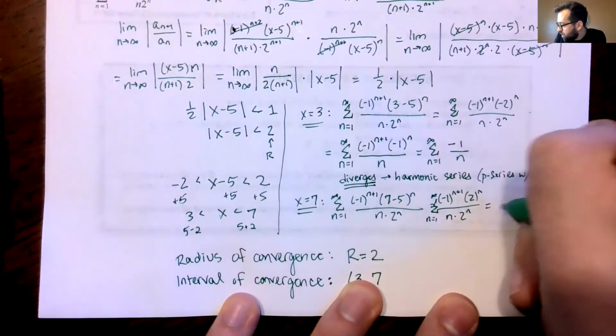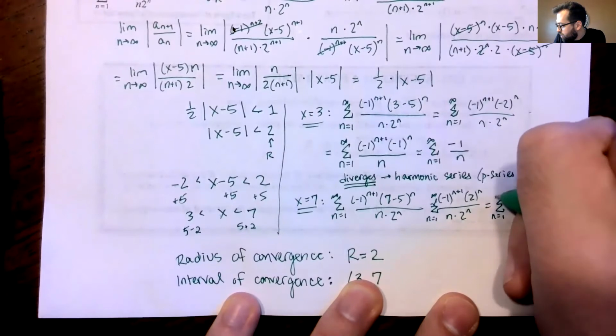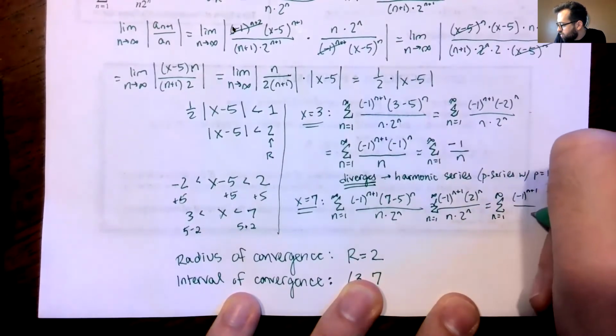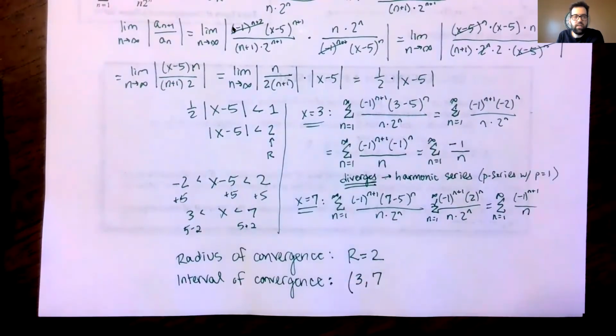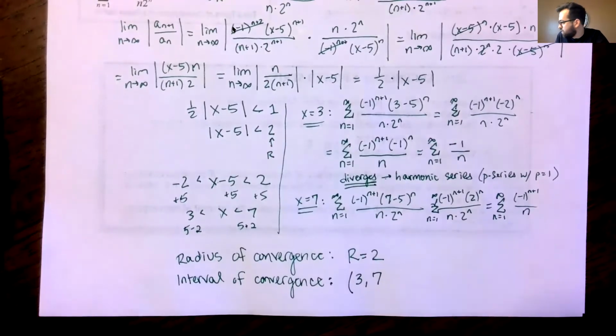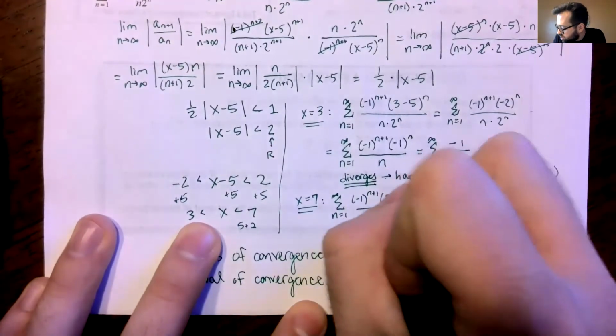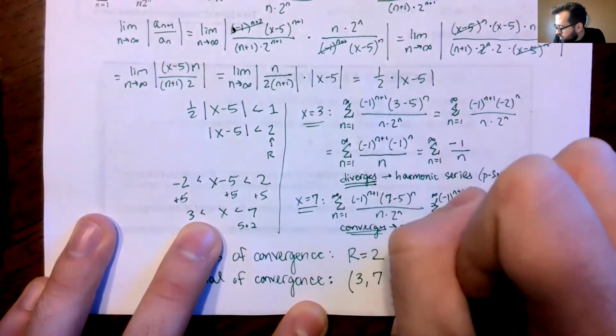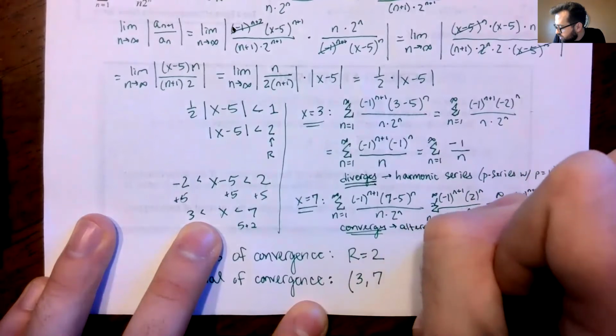Don't be like me. Okay, so now we get (-1)^(n+1) over n. This time, we have a series with 1 over n, and it's alternating. So this is going to converge because it's the alternating harmonic series.